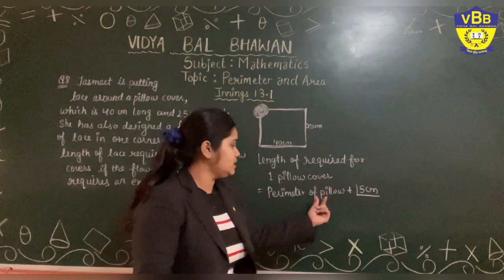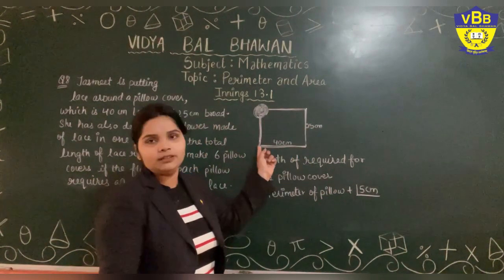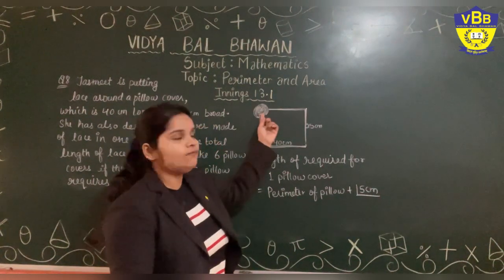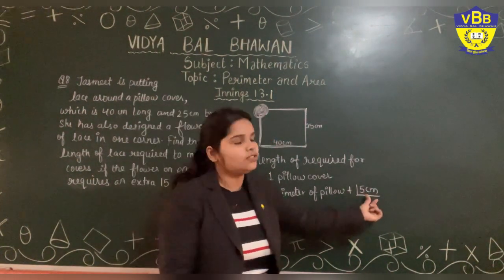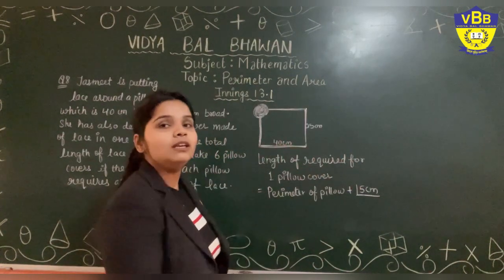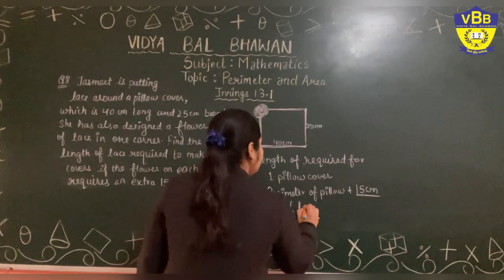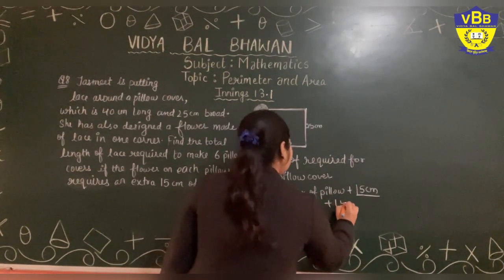Why extra? This is the perimeter, like you will put the lace around the boundary. And this 15 is for the extra flower which she is making on one of the corners. Perimeter of rectangle is 2 into (L plus B), plus 15.